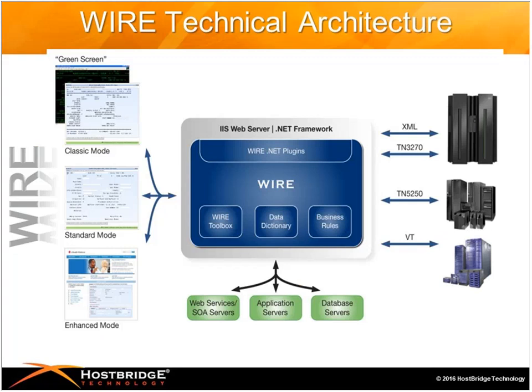It accesses your host system. If you're running CICS, it uses an XML interface using the standard base HostBridge component on the host system. And we can also access other host types as well. But we do get the tightest integration when we're talking with CICS via HostBridge.